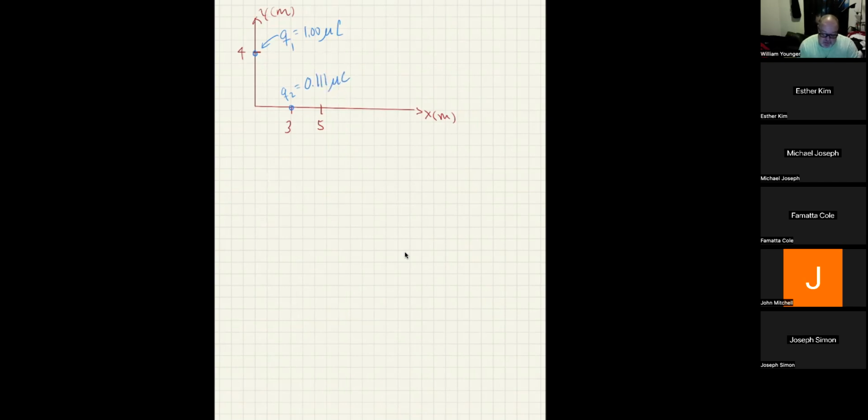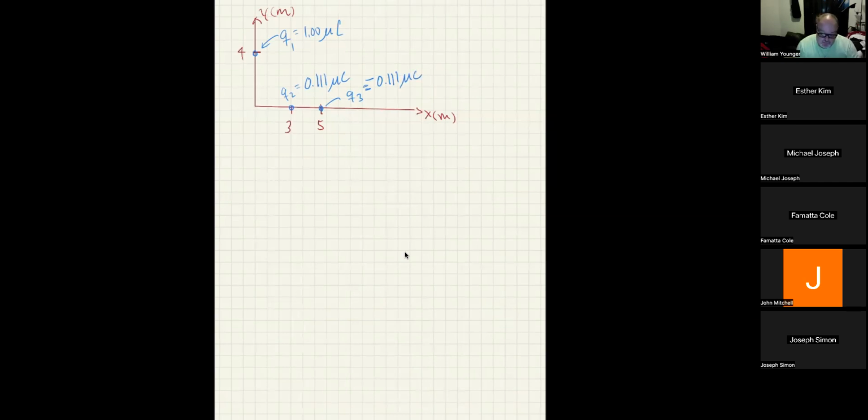And this charge right here is going to be Q3, and it's going to have a charge of negative 0.111 microcoulombs. Okay. You might guess I'm trying some simple numbers here.